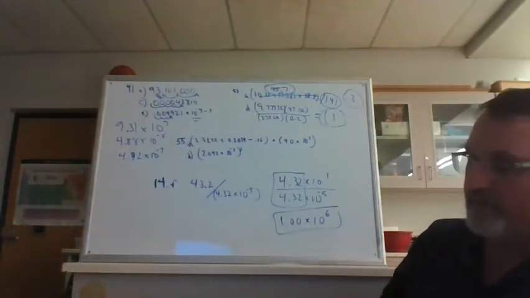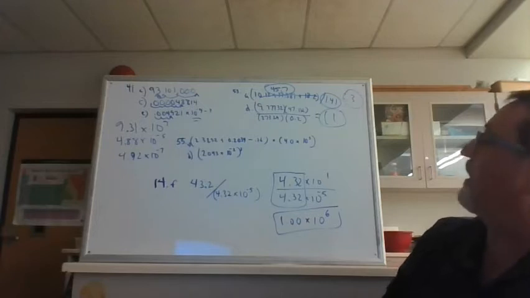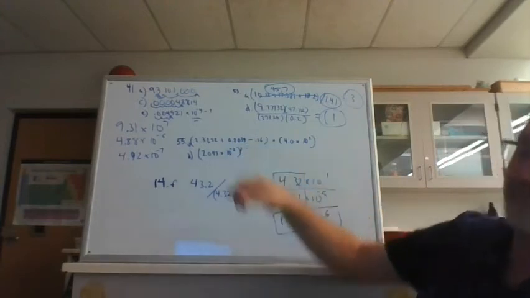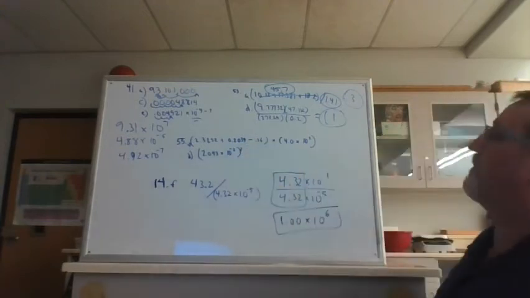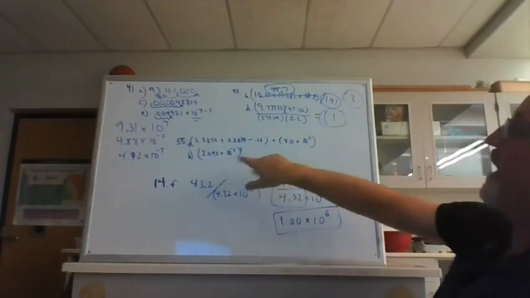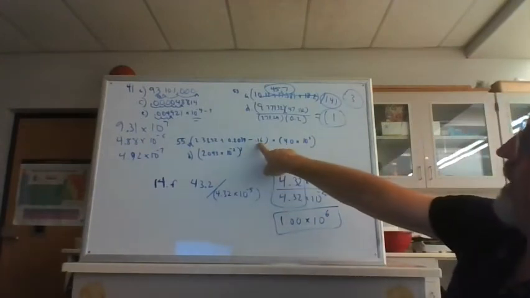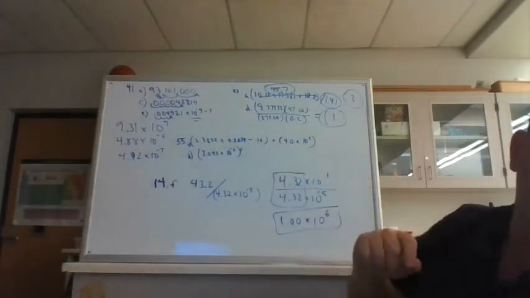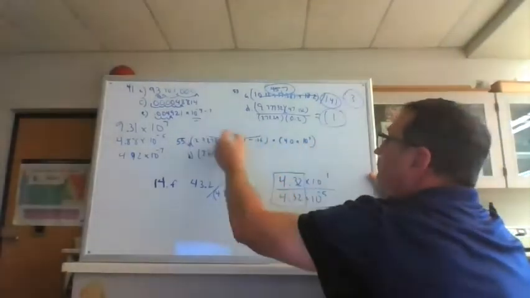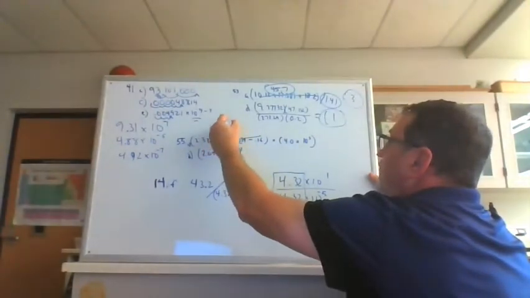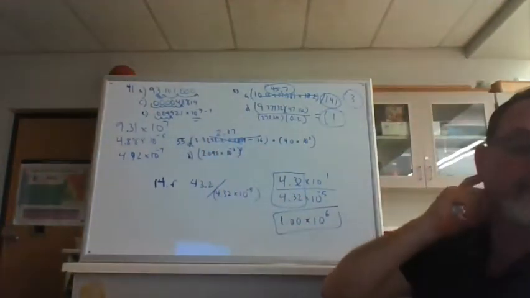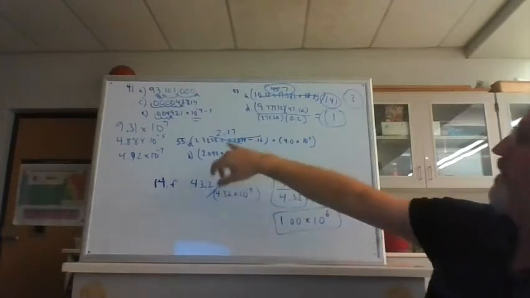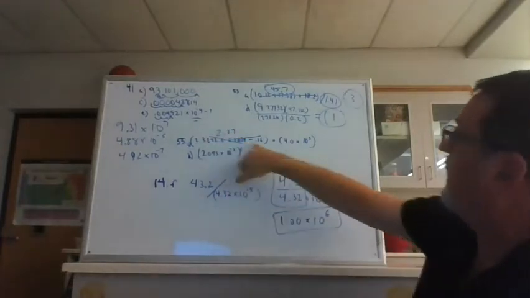It is 2.3232 plus 0.2034 minus 0.16. When I do all of that, because I'm adding and subtracting, notice this is only accurate to the nearest hundredth. So my answer can only be accurate to the nearest hundredth. So all of this becomes 2.37.